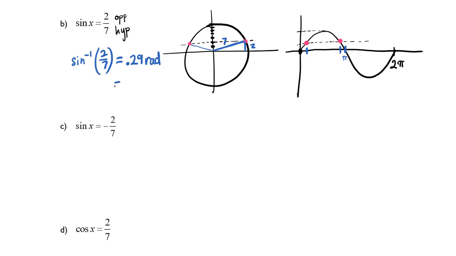So I can also say that this is equal to pi minus 0.29 radians, because I have to think about how far it is from the horizontal axis, or 0 radians, up to this terminal point here along the outside arc of the circle, and then compare that with how far I would have to go to get all the way to this next point.